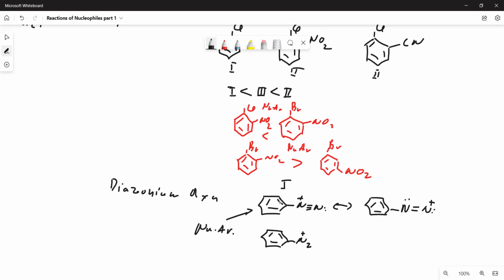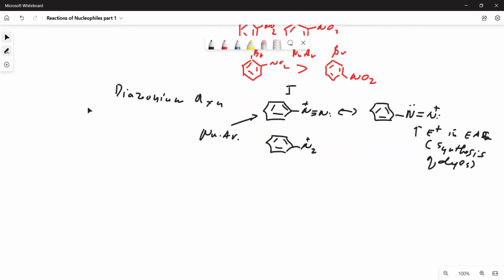While this one will act as electrophile in electrophilic aromatic substitution. This is for the synthesis of dyes. So for now, we look at the reaction of diazonium in nucleophilic aromatic substitution.